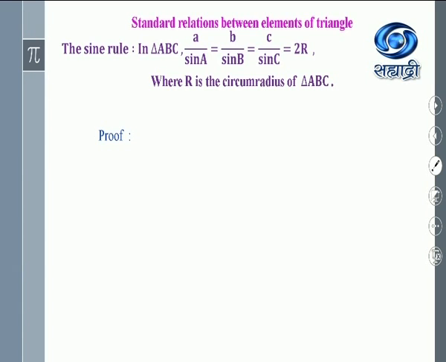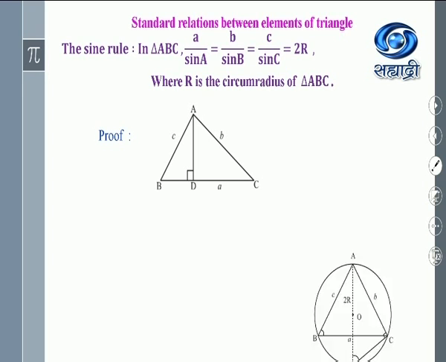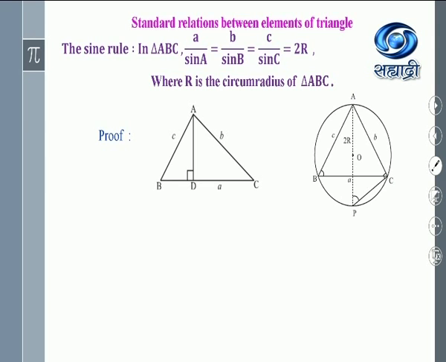Given the triangle, the circle passing through all the vertices is called the circumcircle and its radius is called the circumradius. In the proof we have to draw the figure. The proof is very important and may be asked as a theory question in the board exam.